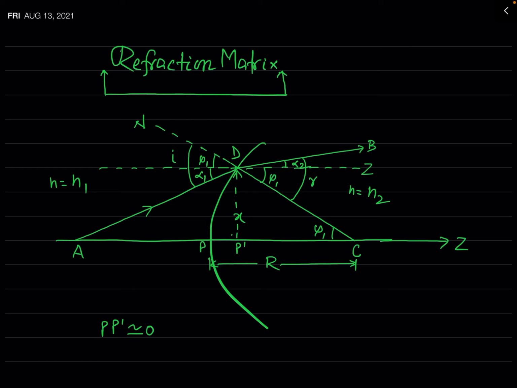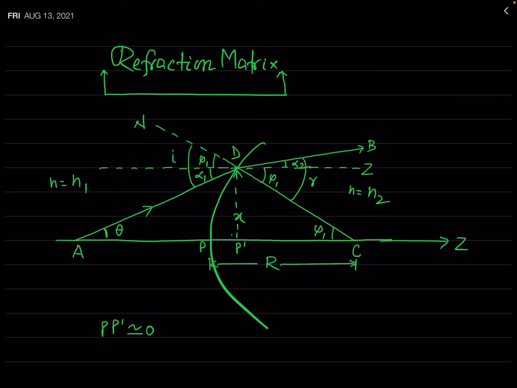And again we are considering that this incident ray AD is a paraxial ray. When you say that AD is a paraxial ray, what does it mean? It means this AD will be very close to AP. Or you can say this angle at A, which I am just marking here by theta, will be very small.